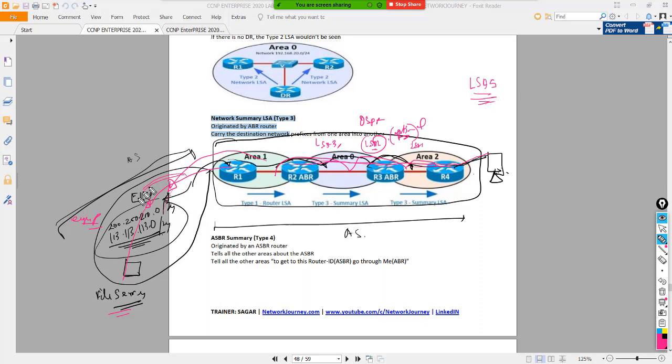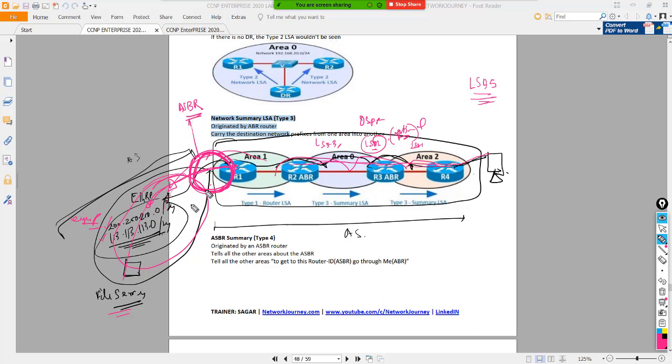So for the 200 and 113 network to be advertised inside the OSPF premises, let's say I will have one router here. Now this router will be called ASBR, autonomous system border router.